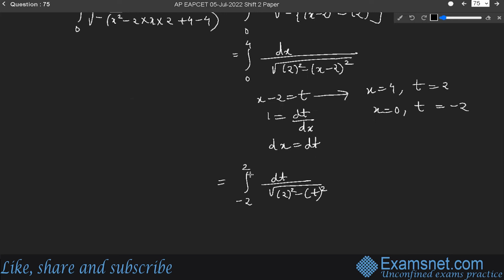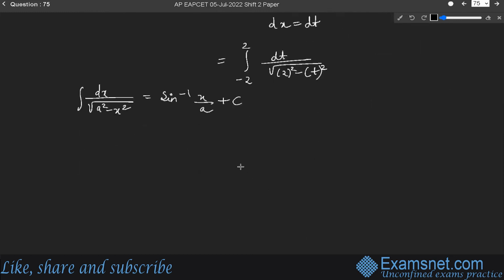Now, we know that there is a form which is the integral of dx upon under root of a square minus x square is equal to sine inverse x upon a plus c. Using this formula, the expression becomes I is equal to sine inverse t upon 2, and the limits are minus 2 to plus 2.